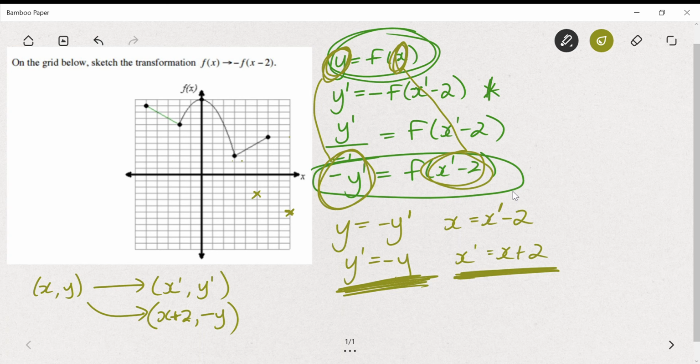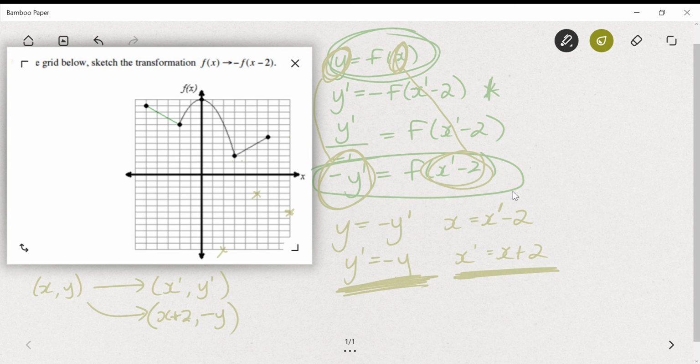Okay, this point that's up here, it goes across 2 and then down the same number. So I'm going to hope that this is actually, is it equal? I don't know. And then this one here goes across 2 and then reflects down.